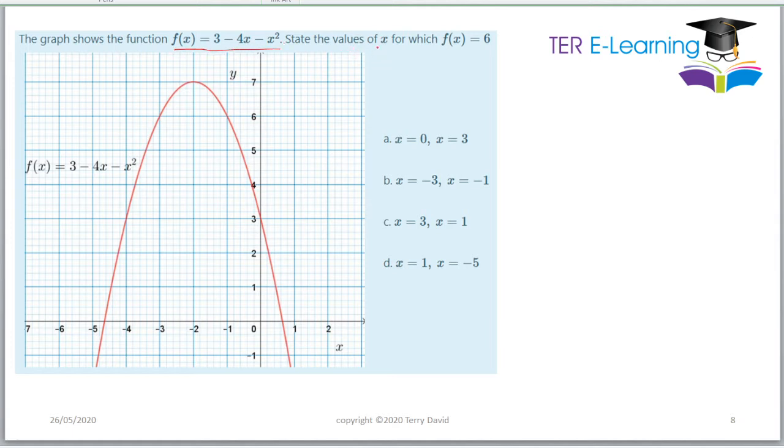They want us to state the values of x for which f of x is equal to 6, right? I just gave an explanation as to how we do a question like this. So what do you all think is the answer for this one, based on the explanation I gave a little while ago?